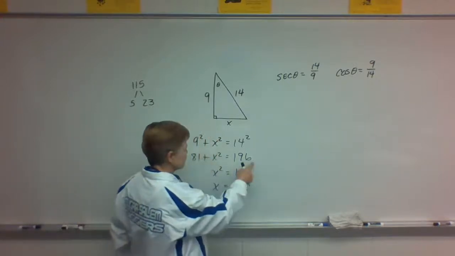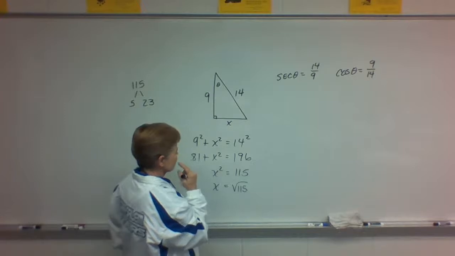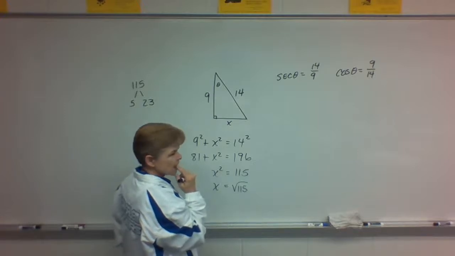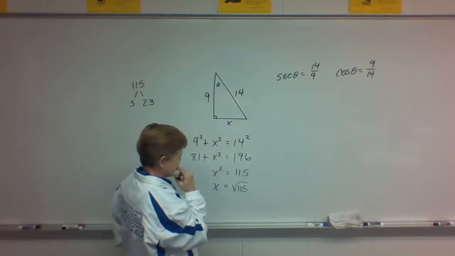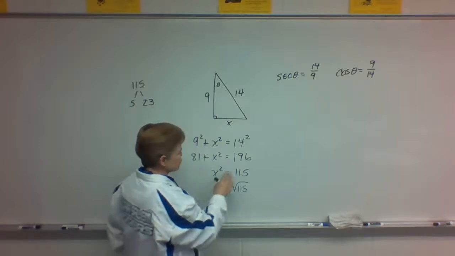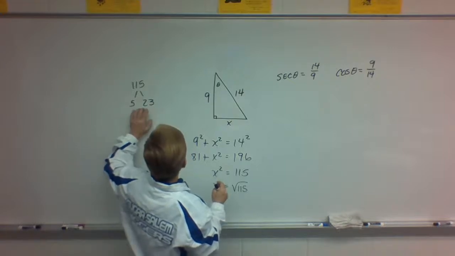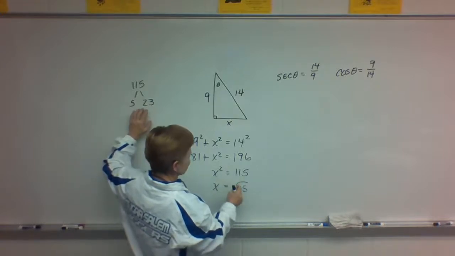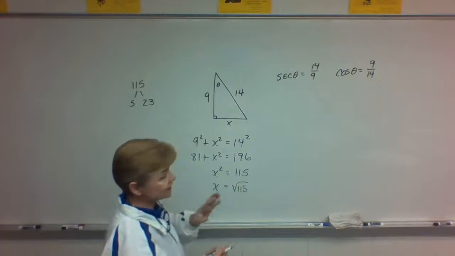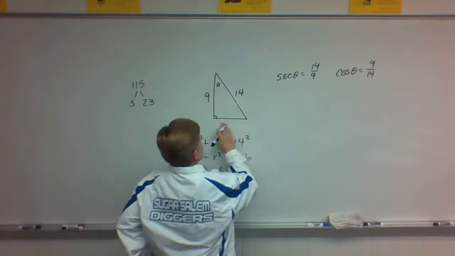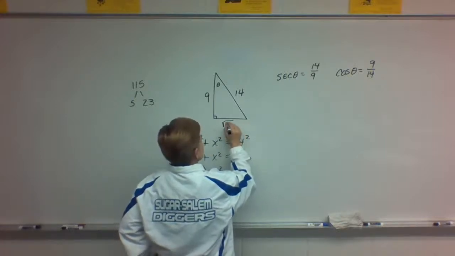Did I do this arithmetic right? 196 minus 81, is that 115? I think it is. Yeah? Okay, so we got 115 out of that. We did prime factor it. However, they're both prime. There are no pairs. Nothing's coming out. So we leave it as the square root of 115. That's nice. Okay, so this is the square root of 115.